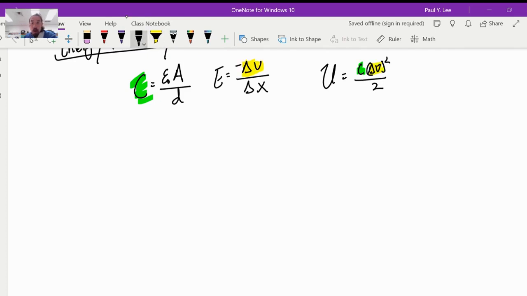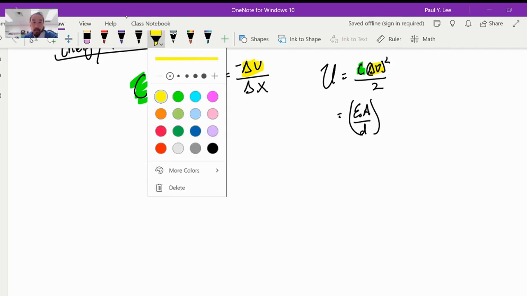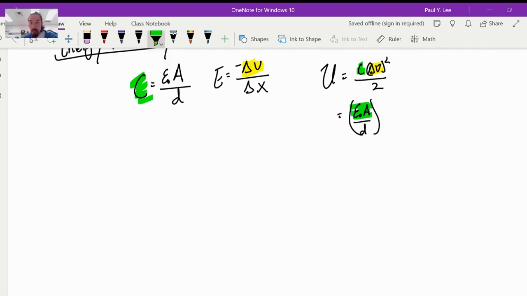Okay. All right, so we end up with epsilon naught A over D. This is my C. So again, I like showing where my substitutes come in, so I'm going to use that highlighter function. And we get E delta X, but that is squared, so I'm going to put 2 of those in there. E delta X all over 2.